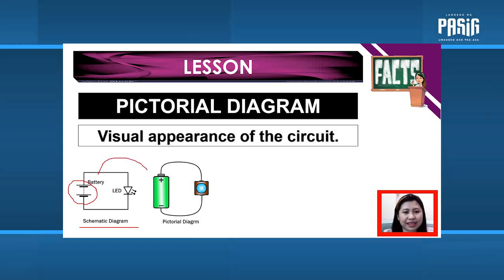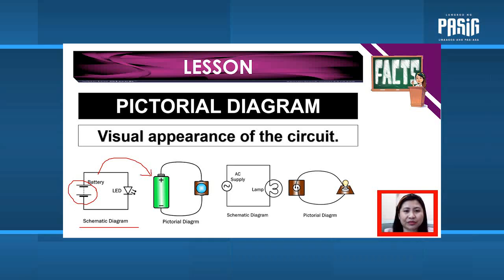And on the right side, it is now shown as the actual electronic component. So another example, the first one is a battery, this one is an alternating current, and so on. In the actual, we can see an outlet drawing. That is how a pictorial diagram looks like.